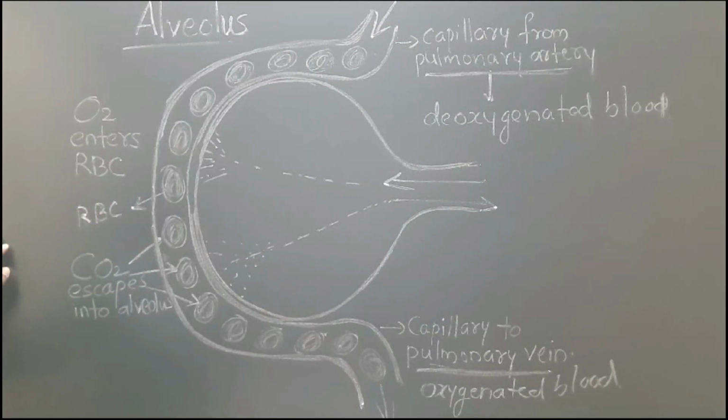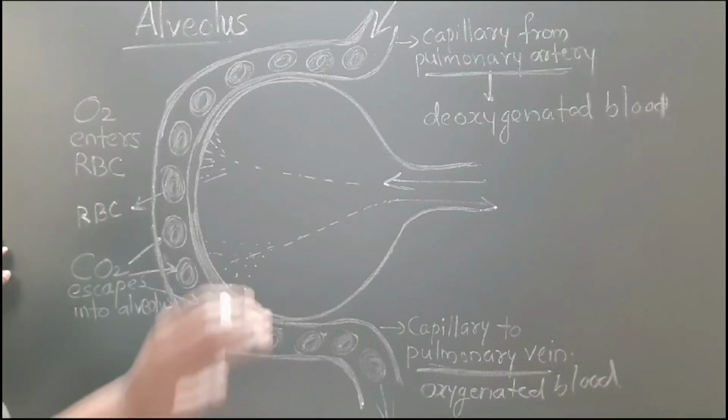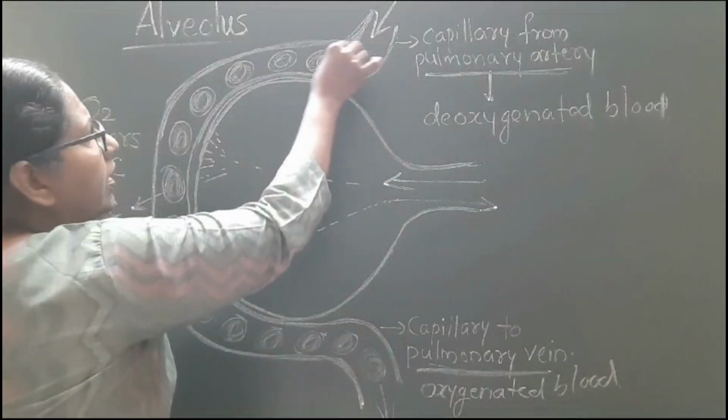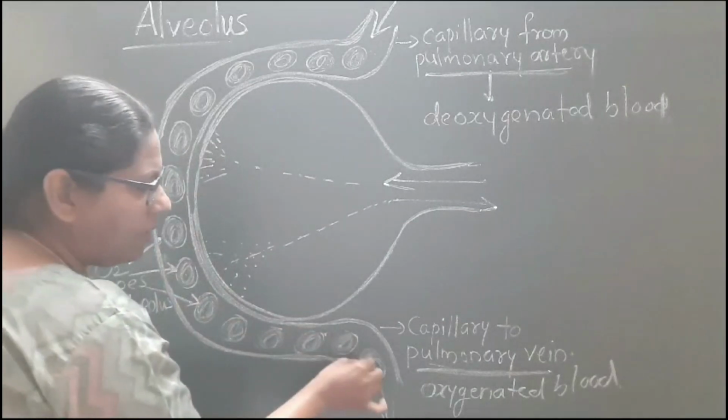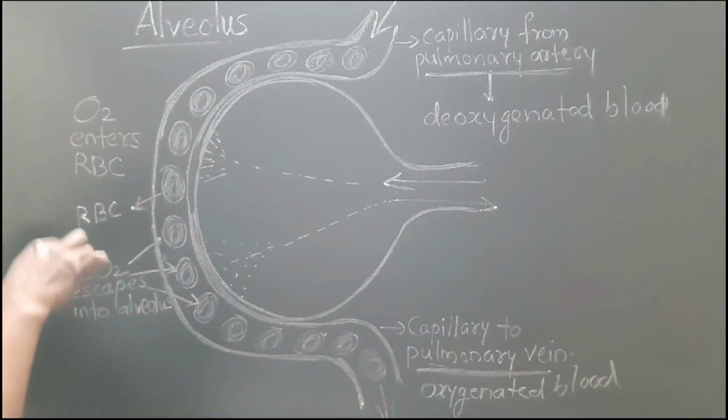For that they need energy. Now coming to the digestive system. After the digestion of food, the nutrients are absorbed in the small intestine and get into the bloodstream. Now it is going to the cell.